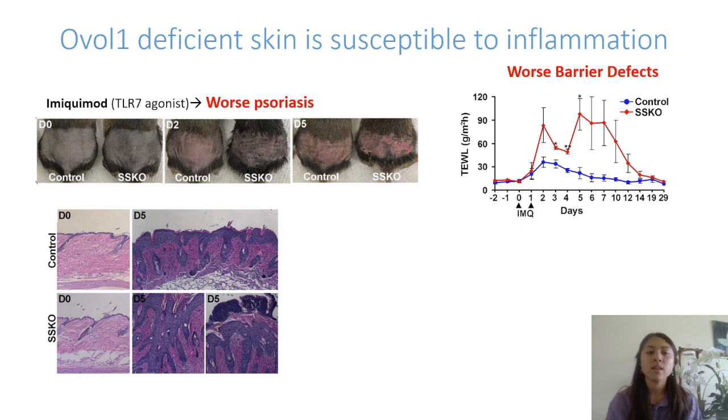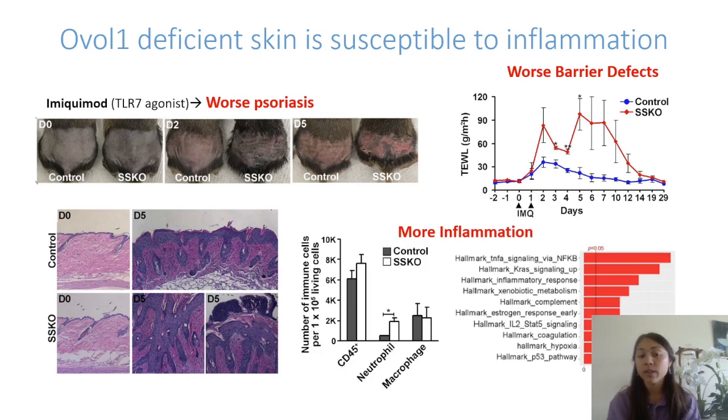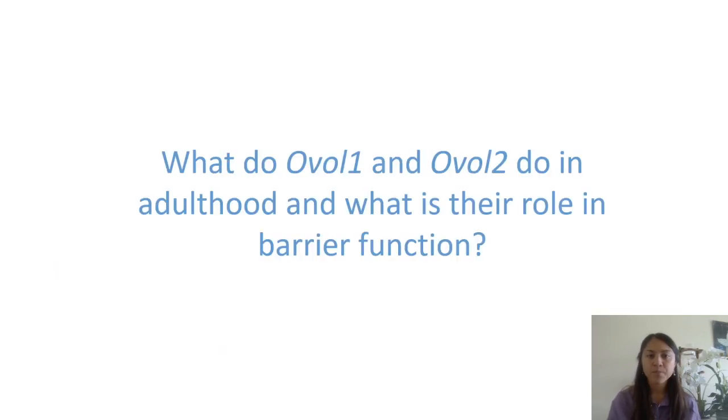And so in this case, you can see that the mice have worse psoriasis-like condition, worsened barrier defects, and subsequently worse inflammation. And so one major question I have is, what exactly do OVL1 and OVL2 do in adult skin? And what exactly is their role in terms of maintaining our skin barrier function?